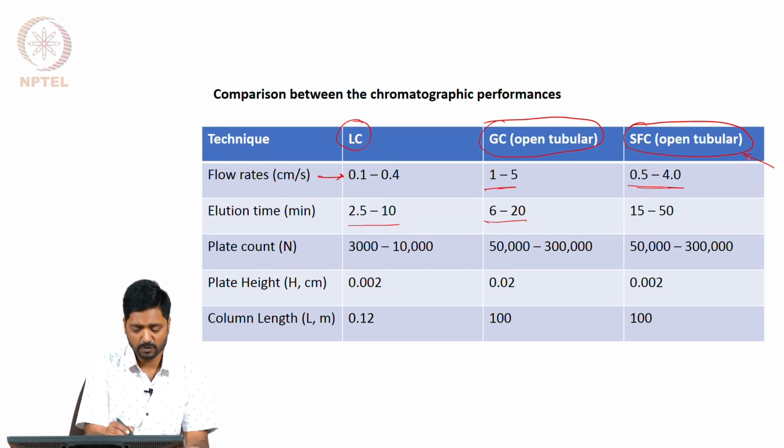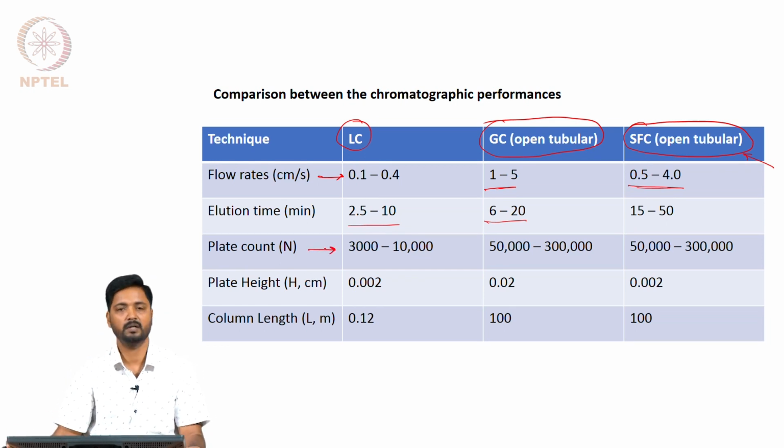The plate count values are of course lower in the liquid chromatographic separations because of the shorter column lengths, and in gas chromatography and supercritical fluid chromatography these numbers are very comparable.